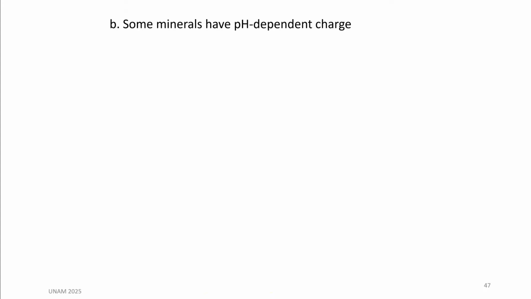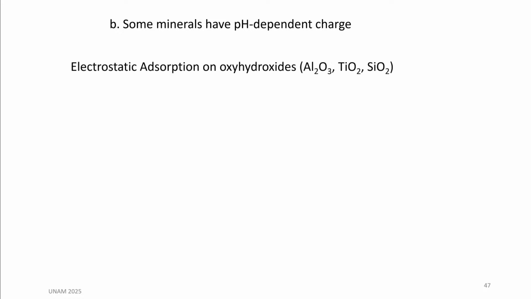And finally, for the case that I have briefly mentioned, minerals that have a pH-dependent charge, that is not a permanent charge, and that includes a lot of interesting minerals like alumina, or silica, or titania, all three of which we have already encountered.